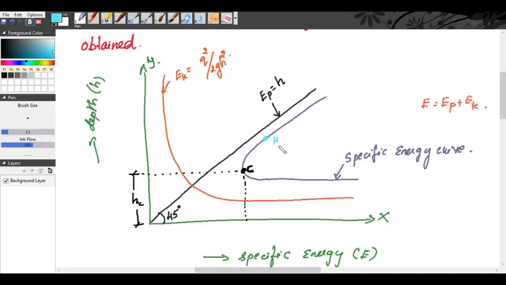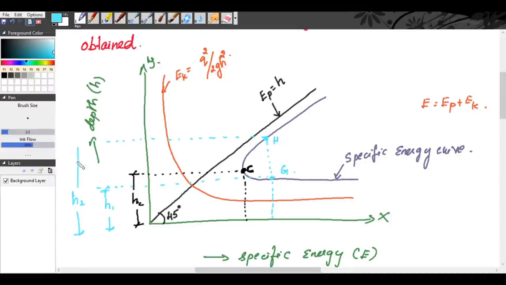Let us take this point as H and this point as G. So we have two depths. This depth is H1 and this depth is H2.